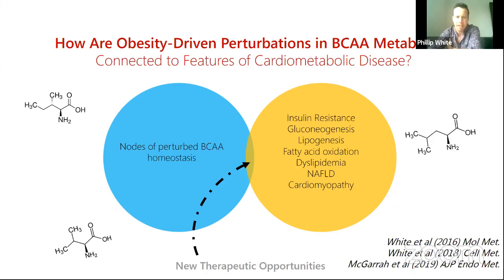And we've also identified that one of the major regulatory nodes for branched-chain amino acid oxidation within the liver is also intertwined with glucose sensing and the lipogenic machinery. And so we're learning that there's more interconnection between these amino acid metabolites and other metabolic pathways than was previously described.